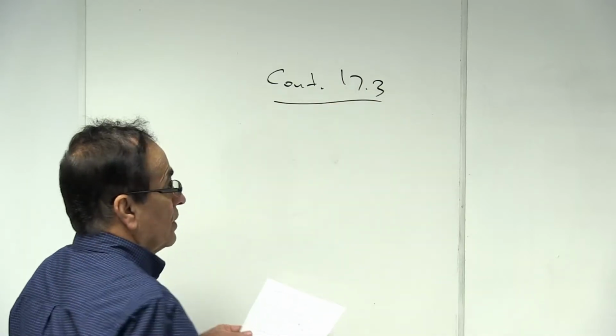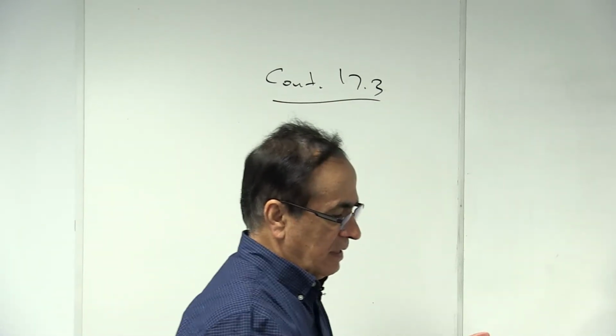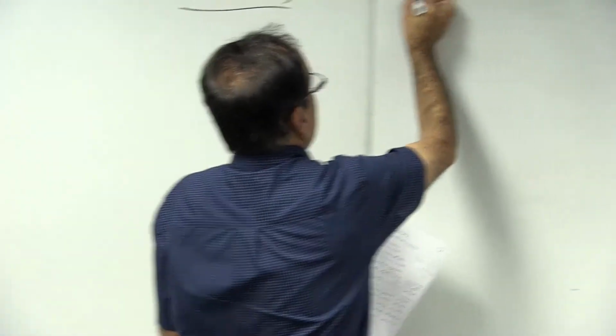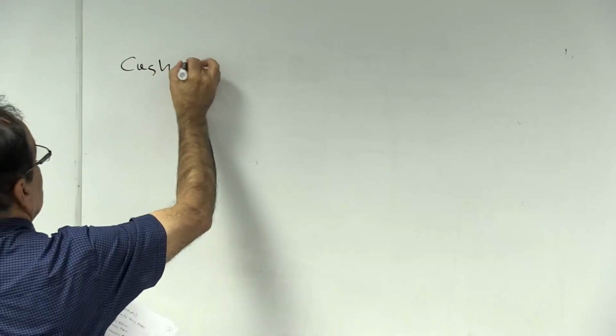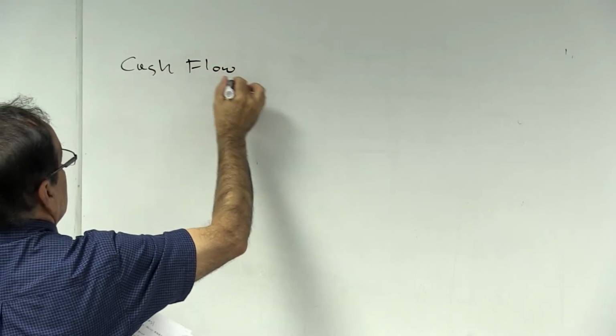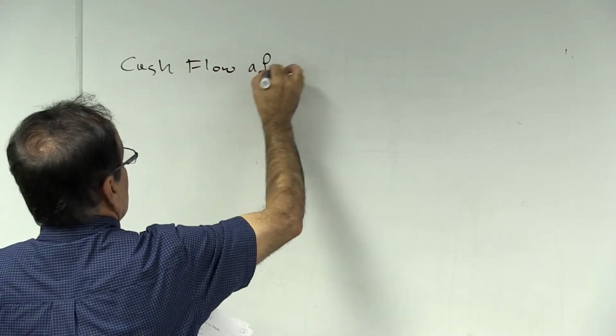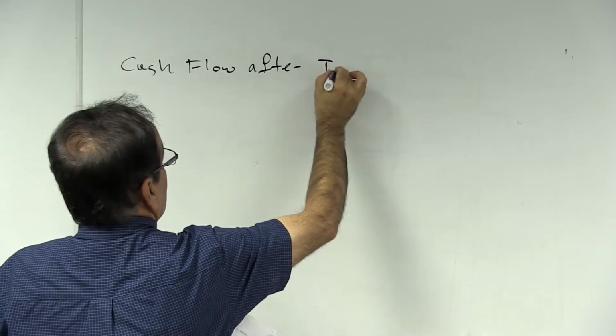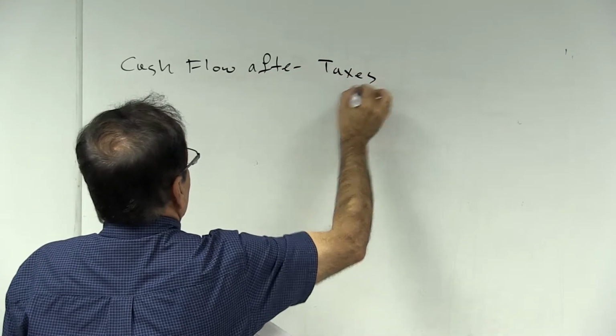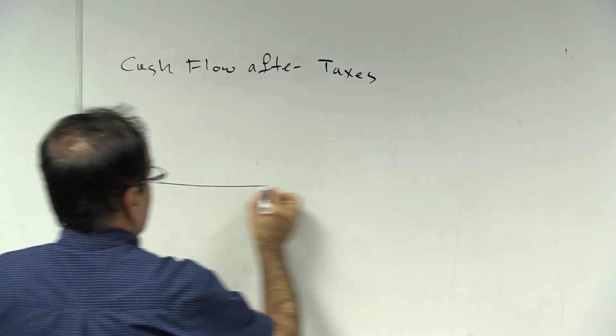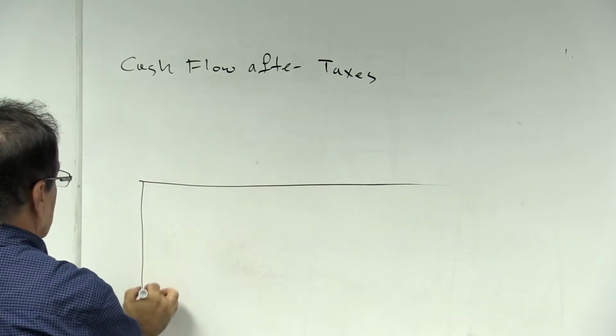17.3. So in previous parts, we came up with the after-tax cash flow. So I'm going to represent this cash flow here. So the cash flow after taxes is going to be like this. Initial cost 15,000.